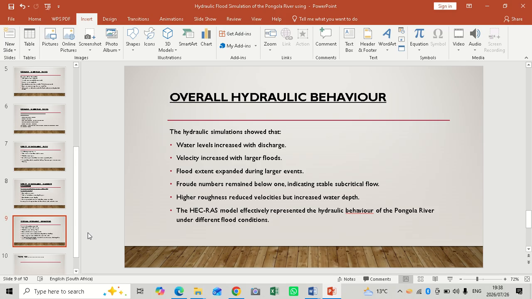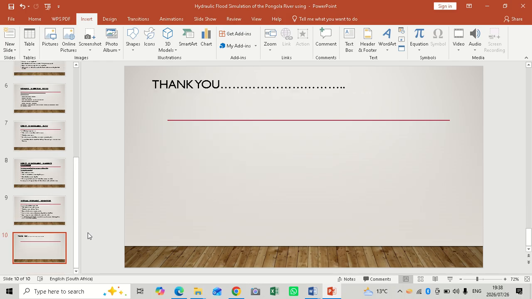The Froude number remained below 1 in all simulations, confirming that the flow stayed subcritical and hydraulically stable. The study also showed that Manning's roughness is an important factor because it influences both water levels and flow velocity. Thank you.